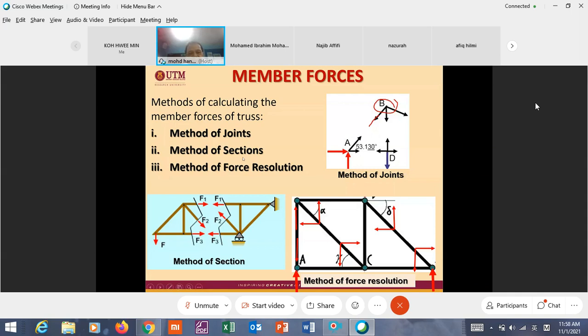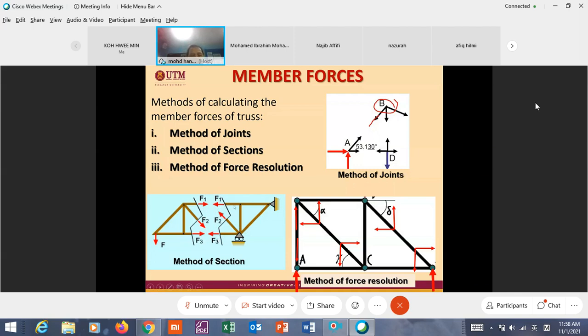Okay, method of section. This is method of section. If you need to know only, for example here, the middle section or the middle member, we just cut here a section, and then we can calculate the forces in these three members.